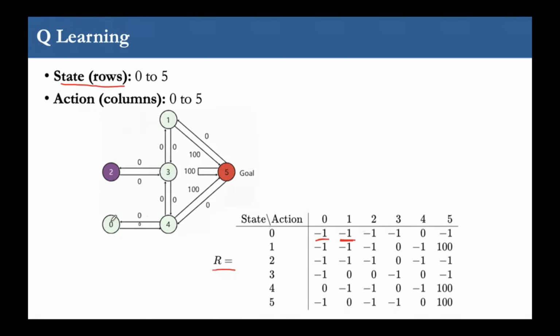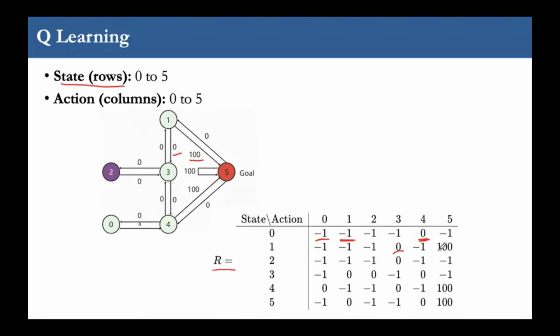For example, from 0 to 4, we have a move with reward 0. That is mentioned in this reward table or reward matrix. Then consider from 1. From 1 to 3, we have a move with reward 0, and 1 to 5, we have a move with reward 100.